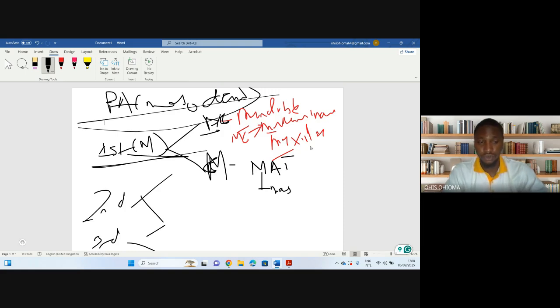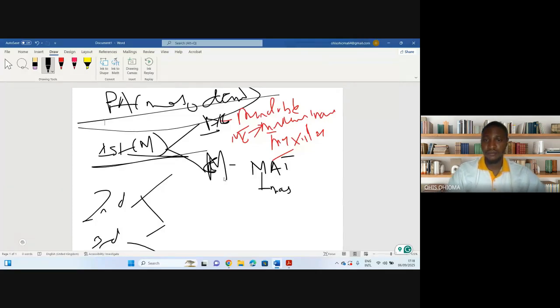This includes the maxilla, the mandible, the Meckel's cartilage, the malleus and incus, and then the zygomatic bone. Anything that has zygomatic has an M in it, so that's also correct. The malleus has an M in it, the maxilla has an M in it, the mandible has an M in it. All of them have M in them. I don't know if that makes sense. Apart from the incus, all of them have M in them.